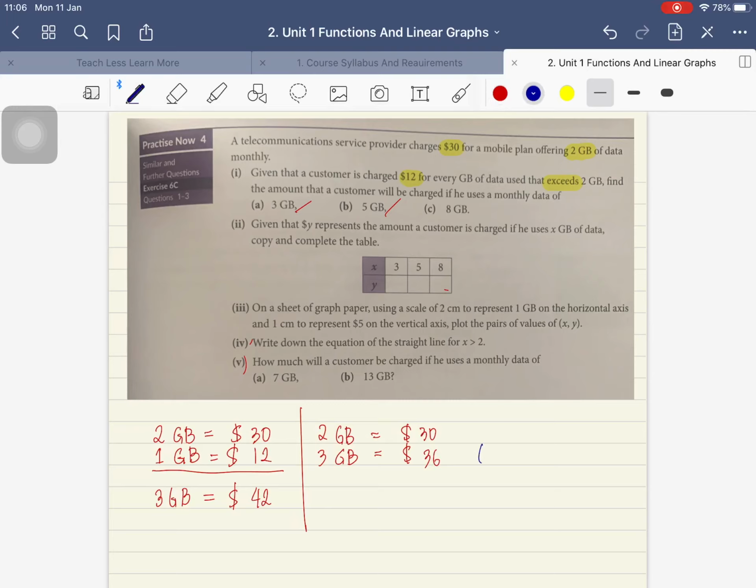Teacher, where does it come from? Again, you used up 3 extra gigabytes, and that is $12 each. So that is where your 36 comes from. So the total for 5 gigabytes, which is the question, you pay $66.